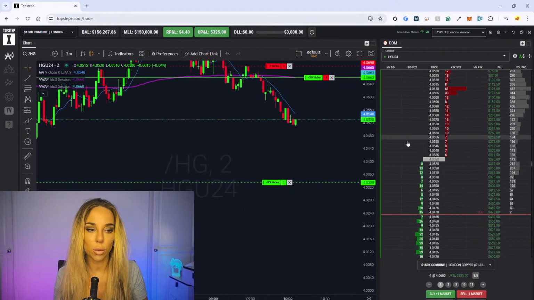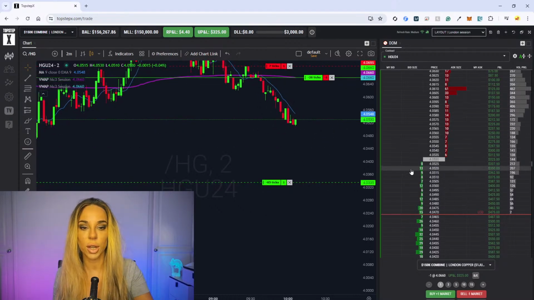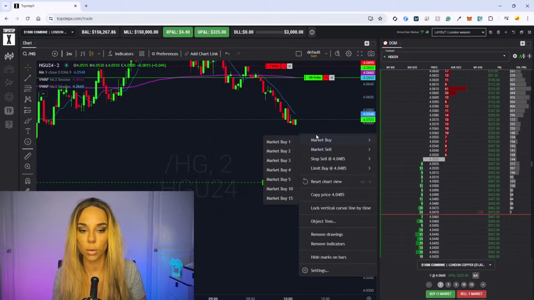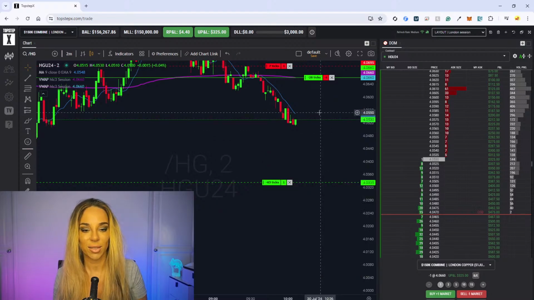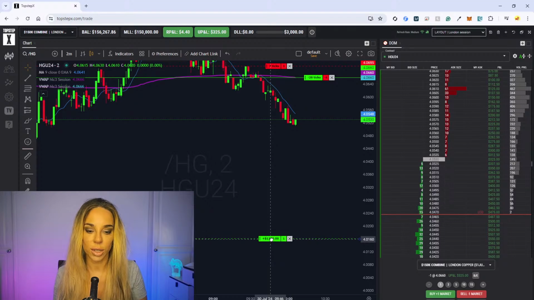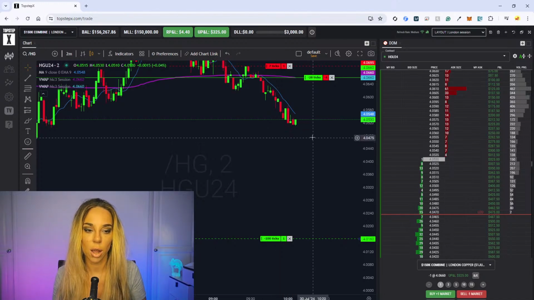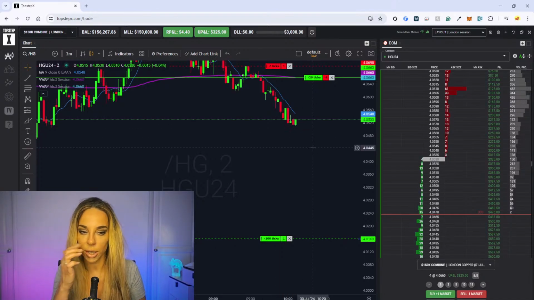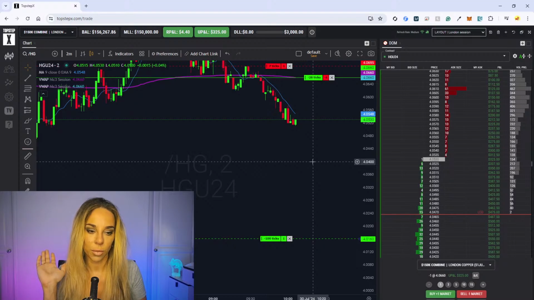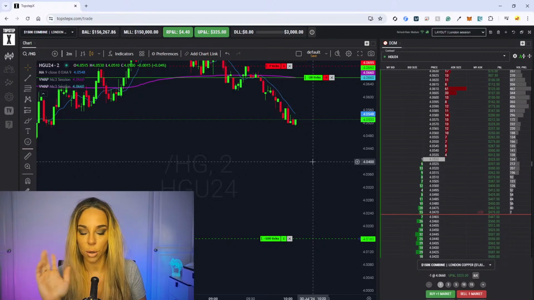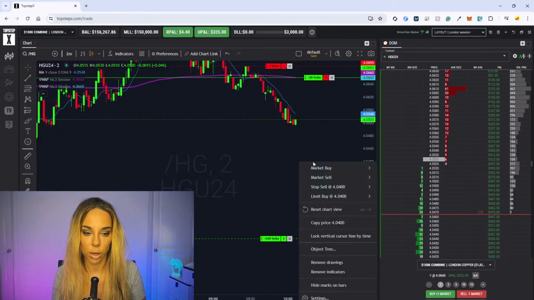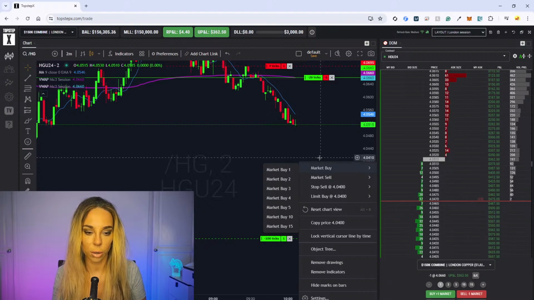But basically what you would do, you would click on the opposite side of the dome or on the chart. You can right click on the chart. Let me try moving this all the way down and then I can show you. So let's imagine that I'm in 2 contracts and you want to scale out when this copper trade gets to 0400, so just slightly lower here. Hopefully it doesn't do that very quickly.